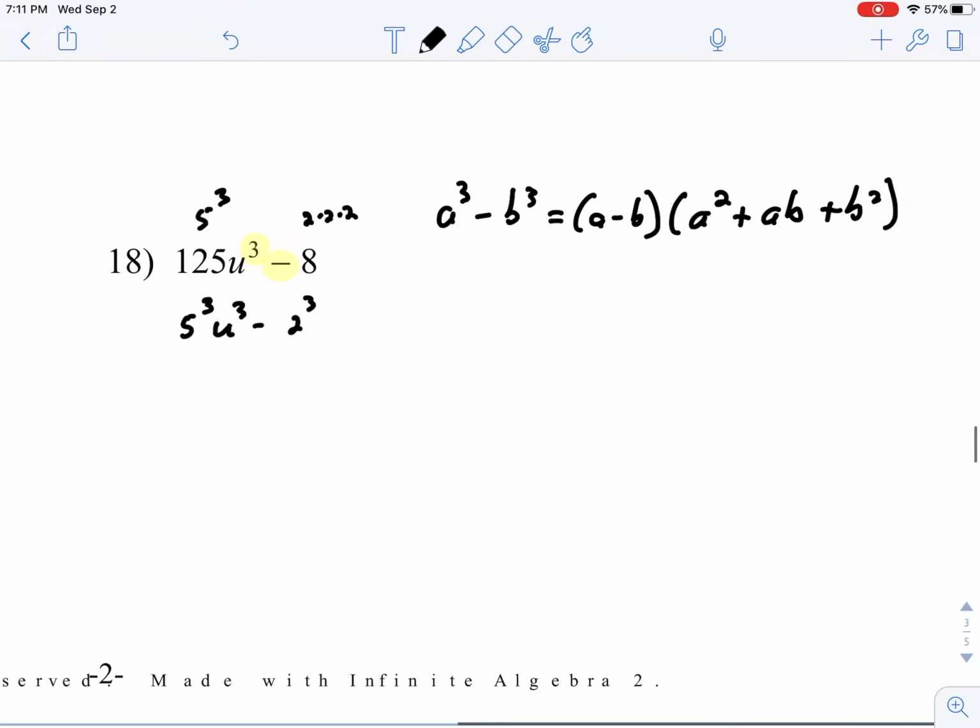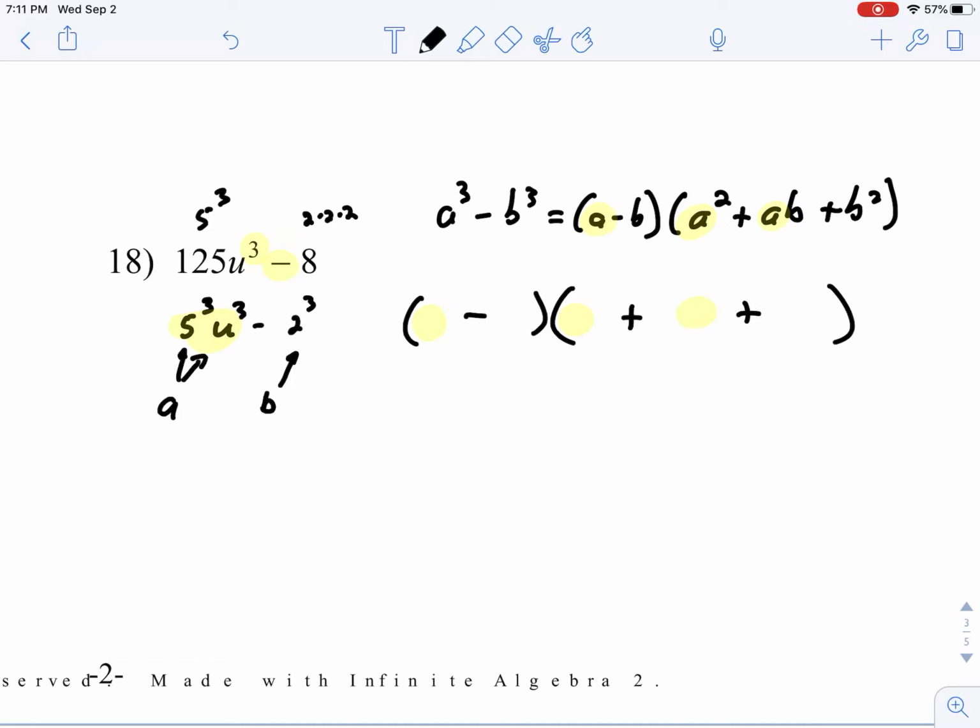So in this problem, my a is 5u, and my b is 2. Everywhere I see an a, here, here, here, here, here, here, I'm going to write 5u. Although, give me a second to write in my plus and minus sign.